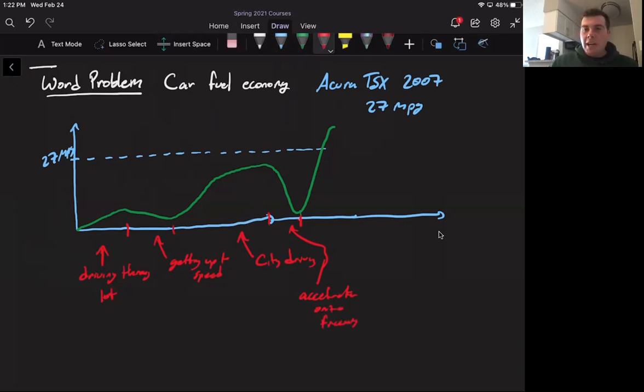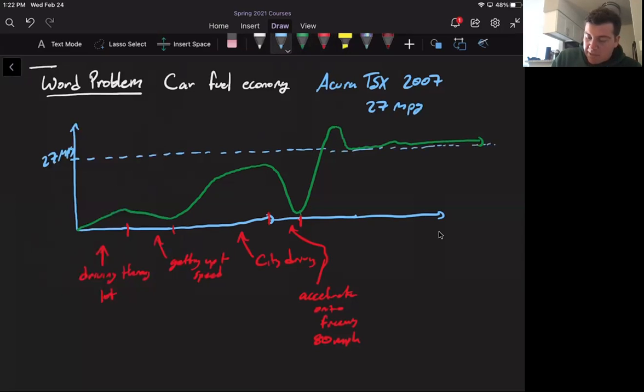And now I like to drive fast from time to time. So maybe I went up to 80 miles per hour, but now I need to come back down to 60. That's where my fuel economy gets really good. And we actually overshoot our eventual horizontal asymptote. Then it comes down as I drive normally, and it starts to look like it's following the blue horizontal asymptote.